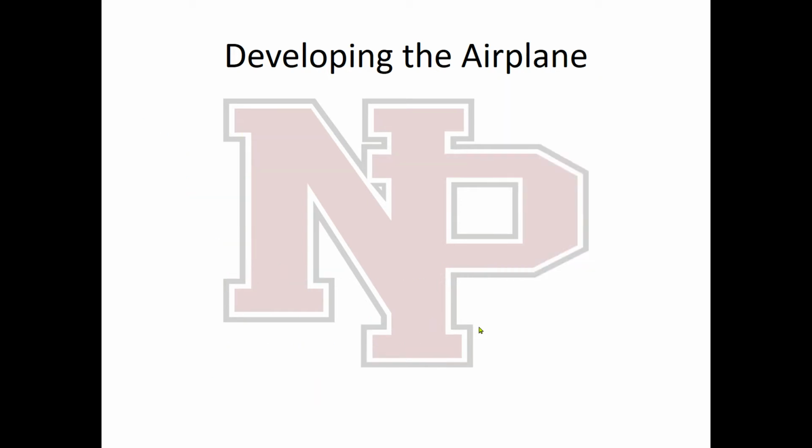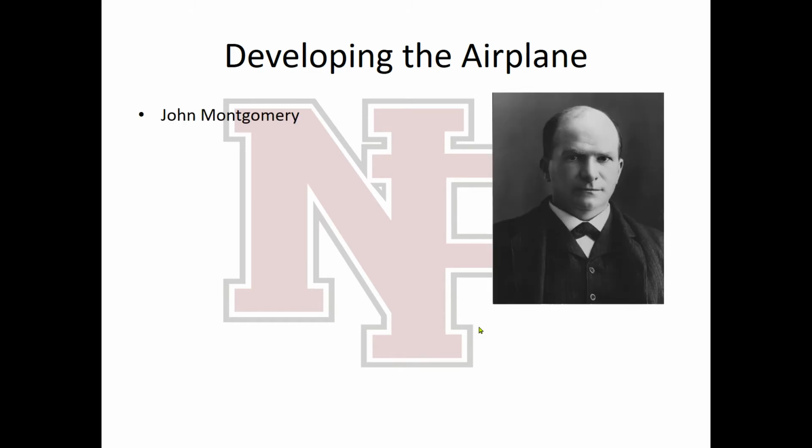We get to another gentleman, John Montgomery. He's a professor out in California, and he starts playing around with this idea of heavier than air flight, around 1884. He starts doing this glider thing, picking up off of what Cayley had.